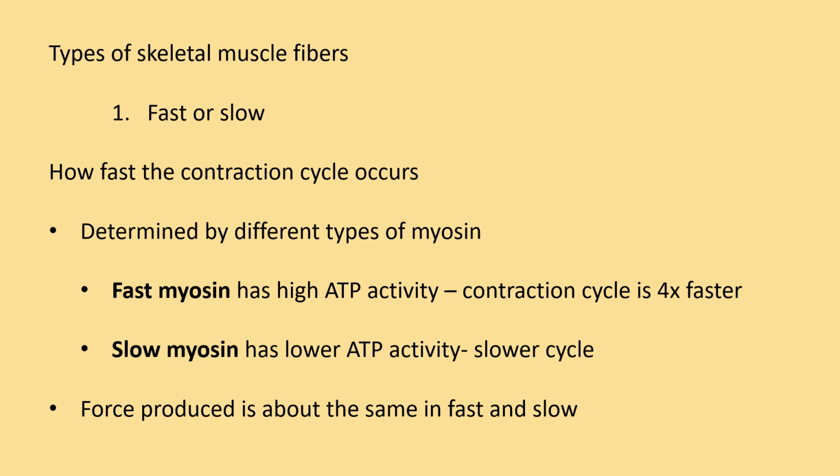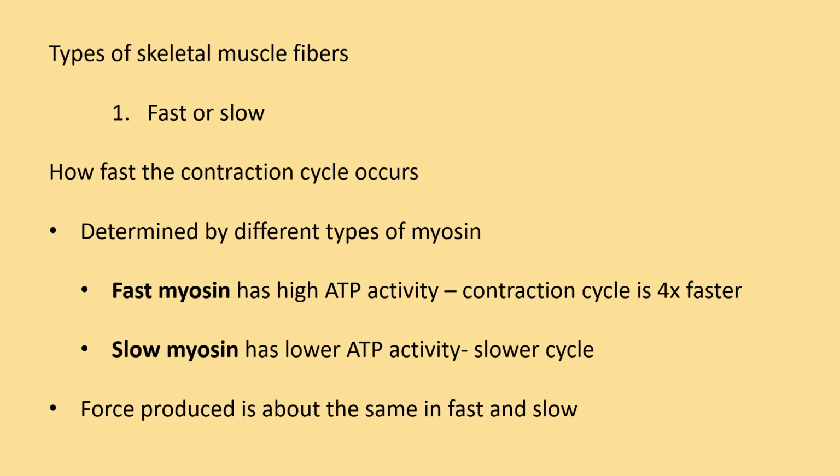I hope you remember that the myosin head is also an ATPase, and so fast myosin is faster to cleave ATP. You remember the cleaving of ATP re-energizes that myosin head and gets it ready for the next power stroke. So fast myosin can perform the contraction cycle about 4 times faster than slow myosin.